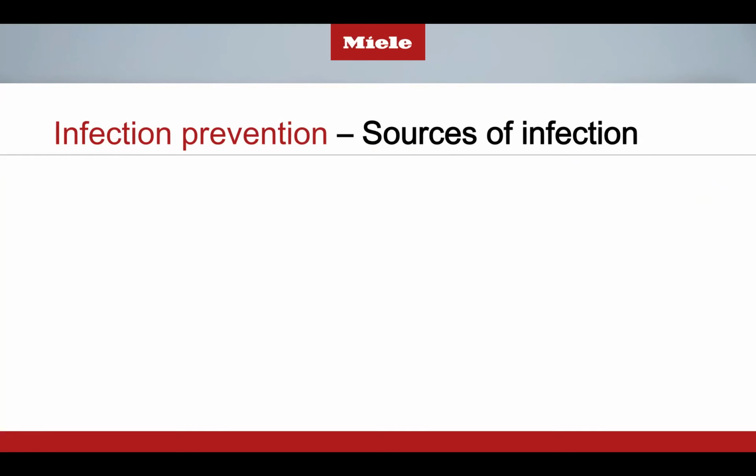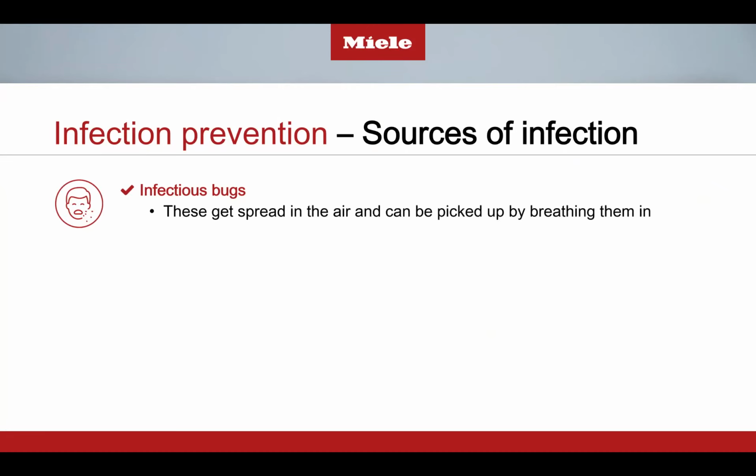And this is just a little bit of revision. Most of you on this call will know all about it, but just for setting the scene. When we talk about infections, we talk about infectious bugs, and the infectious bugs are ones that get spread in the air, and you pick those up by breathing them in. And those are rather different from what we call contagious bugs.